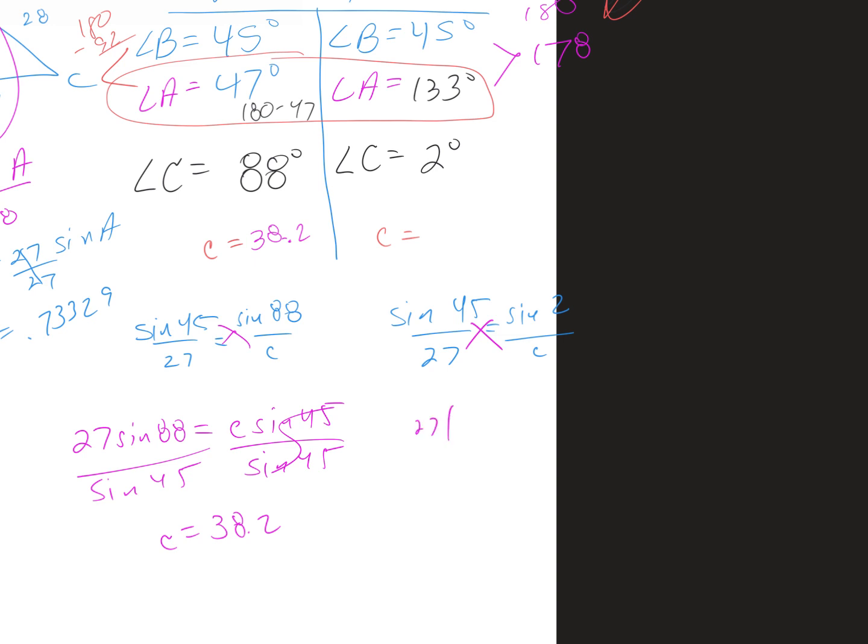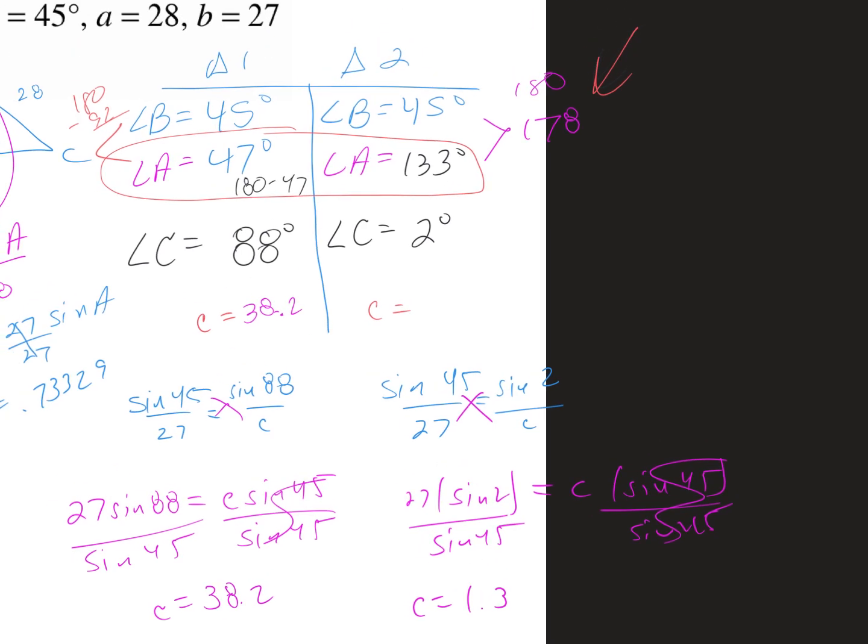So 27 times the sine of 2 equals c times the sine of 45. Divide both sides by sine 45. So little c on this side is 27 times the sine of 2 divided by sine 45. 1.3. Okay, teeny tiny. That's fine.